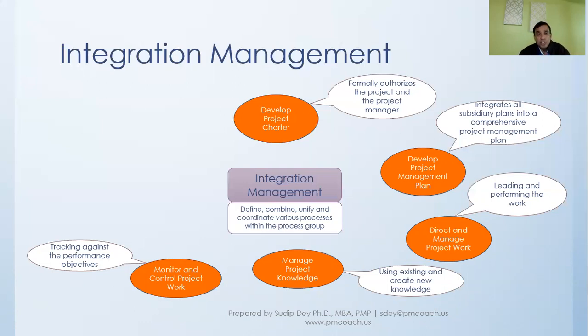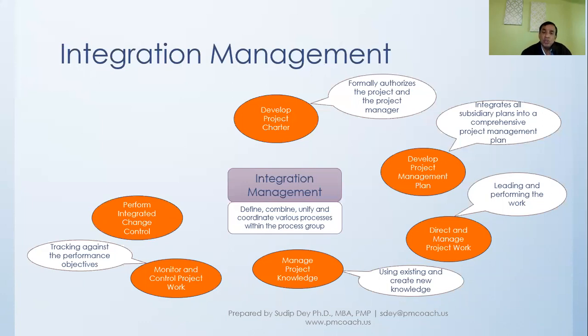From this perspective, a project manager will have to wear two hats when the execution is going on. One is the execution hat, where you are directing and managing project work, and at the same time, you are wearing a monitoring and controlling hat, in the sense that whatever is being executed, you keep on tracking, seeing if it is according to the plan. This is where monitor and control project work comes in.